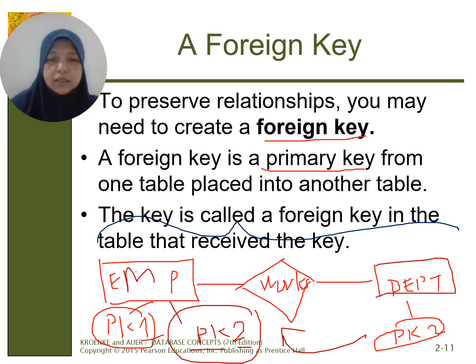The key is called a foreign key in the table that receives it. Primary key 2 belongs to department, and we also place it in employee as a foreign key, so it is a foreign key in another table.